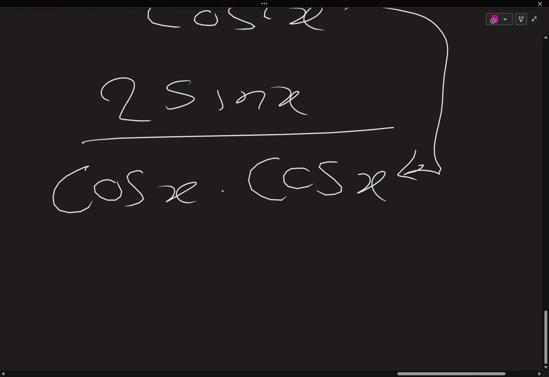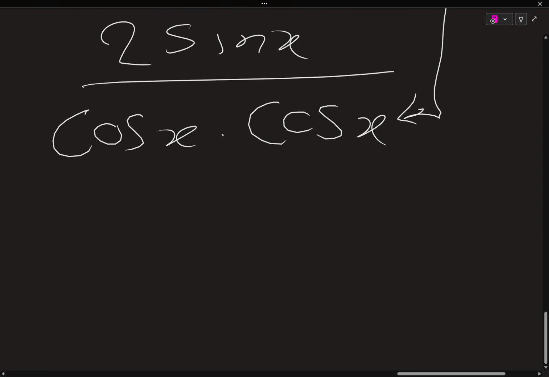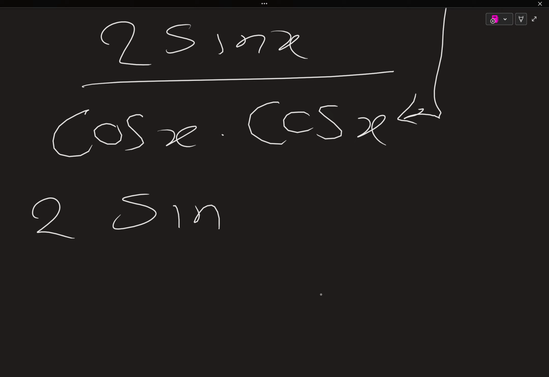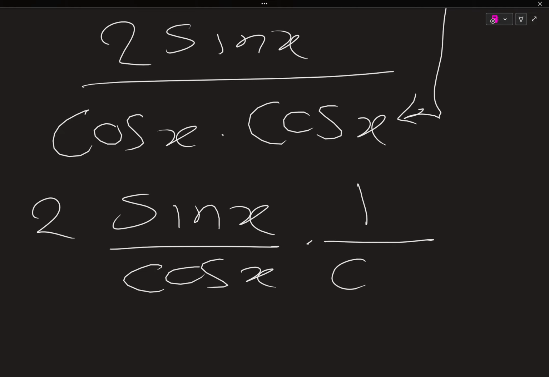How do we prove this? We can simply say we have 2, we also have sine x over cos x, we also have 1 over cos x. This is the same as this.